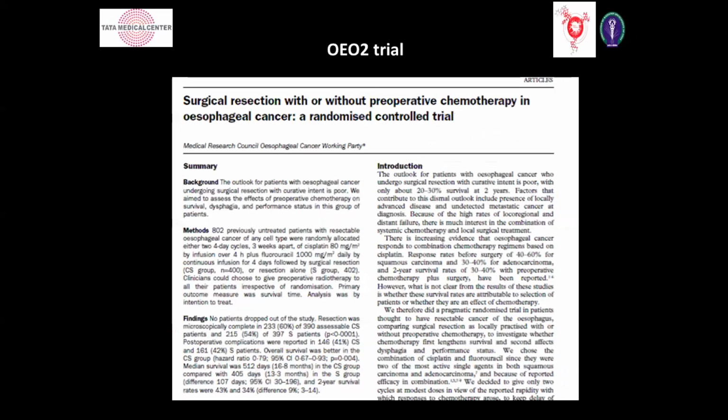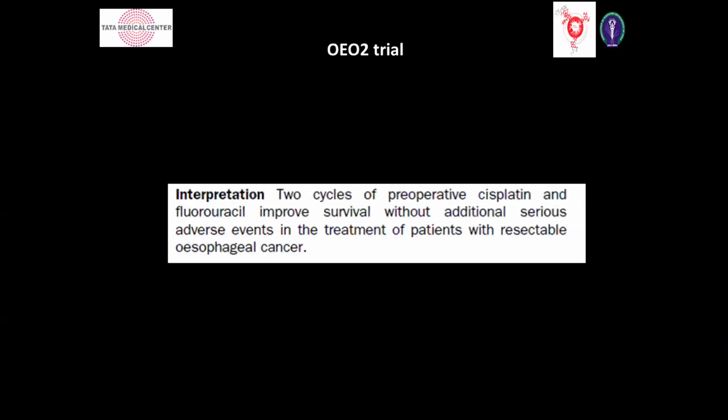Now another important component: proponents who favor neoadjuvant chemotherapy follow the original British trial called the OEO2 trial, where they gave 2 cycles of neoadjuvant chemotherapy, cisplatin and 5-FU, and then operated, and they showed the neoadjuvant chemotherapy group had a survival benefit.